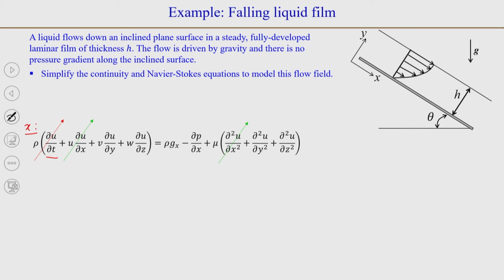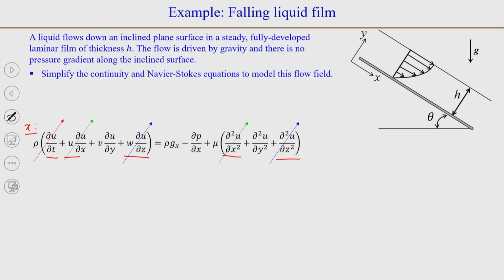Then the next term, u dou u by dou x, and this term on the right hand side, second derivative of u with respect to x, both of them are 0 because of the fully developed flow. So, dou u by dou x is 0. Next, w is 0 or dou by dou z is 0. So, this term is 0 here and this term is also 0.